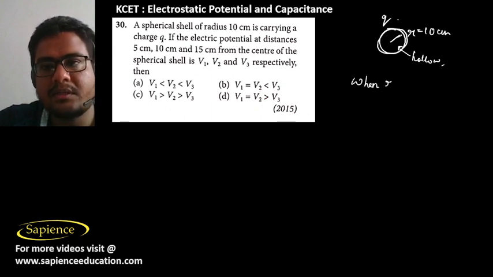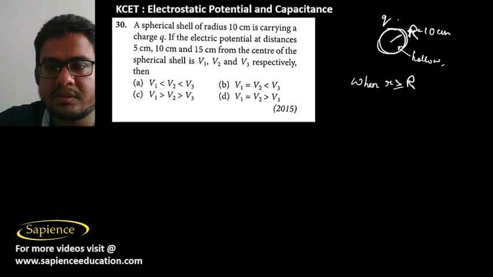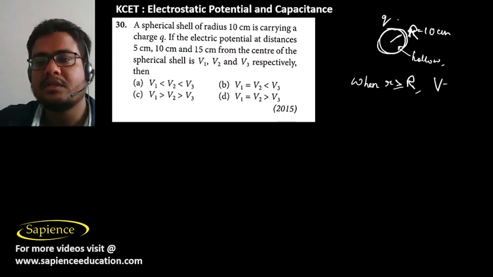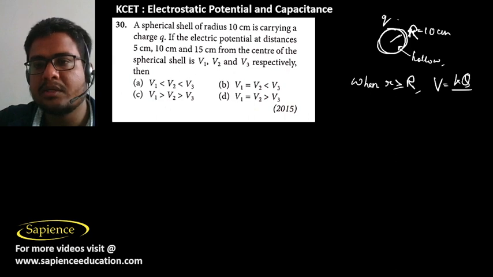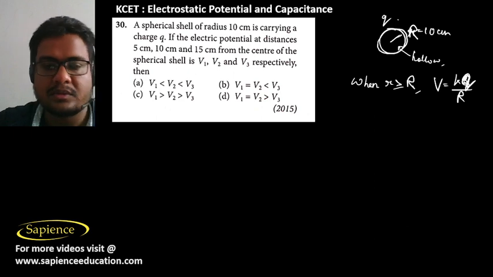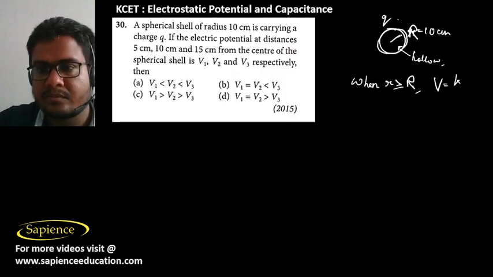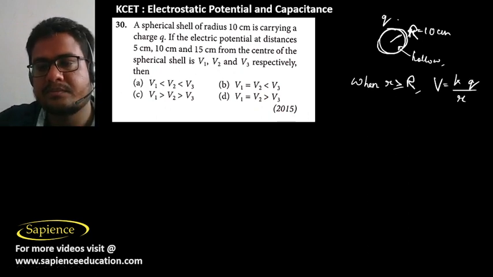when r is greater than or equal to the radius R, here the radius is 10 centimeter, then the electric potential V is given as KQ by r.